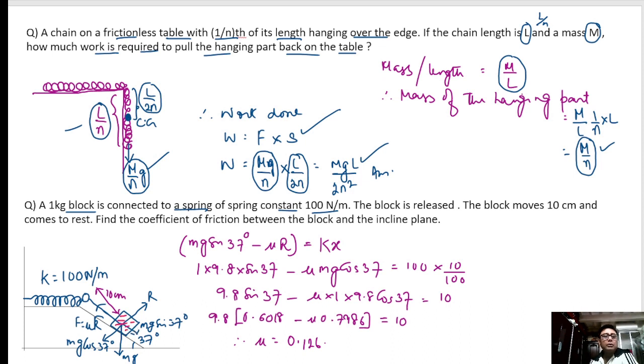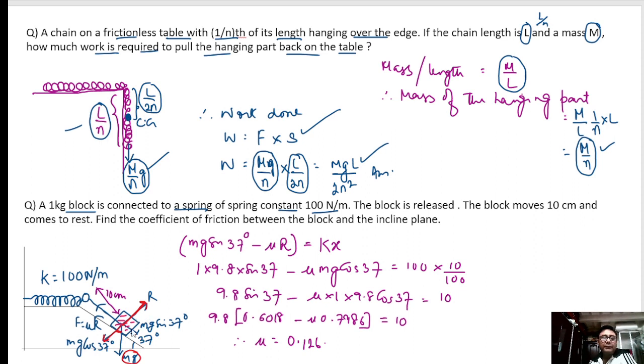Now we can easily see the directions of the forces given here. Please watch here, the weight of the block will be hanging down. If this is 37 degree, then this is also 37 degree, so this is mg cos 37, and this is the reaction force of the surface on the block.